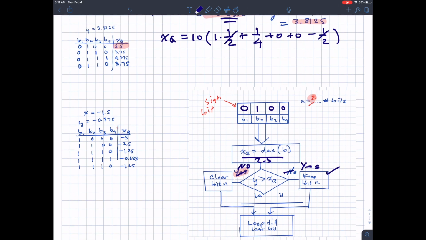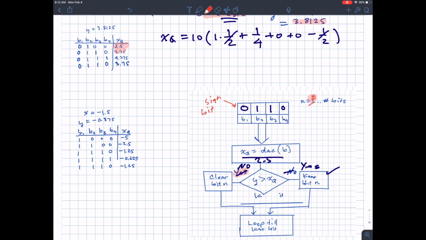Since it is, we keep it, and we move on to the next value. The next bit would be bit 3. For that step, we now set that to a 1. When we set that to a 1, that changes xq. xq would now be 3.75.